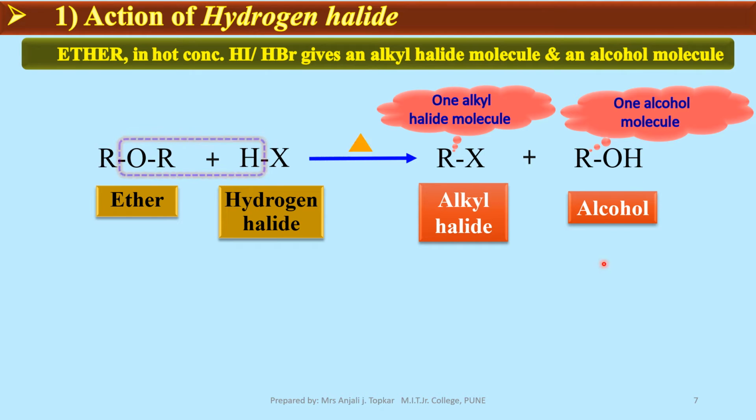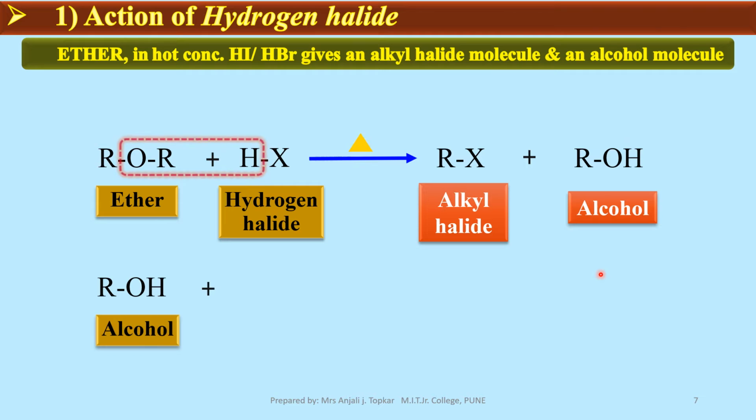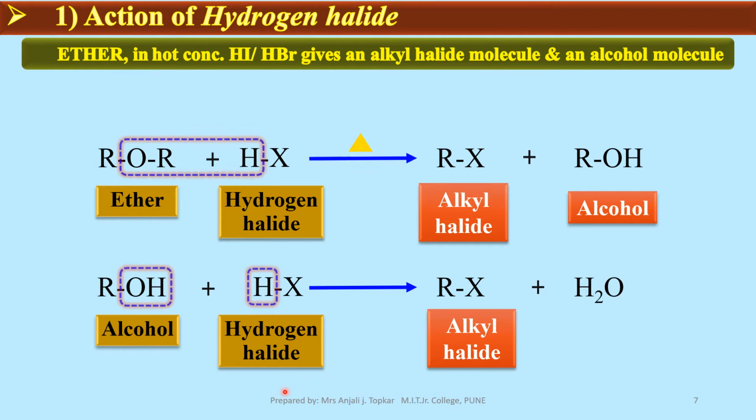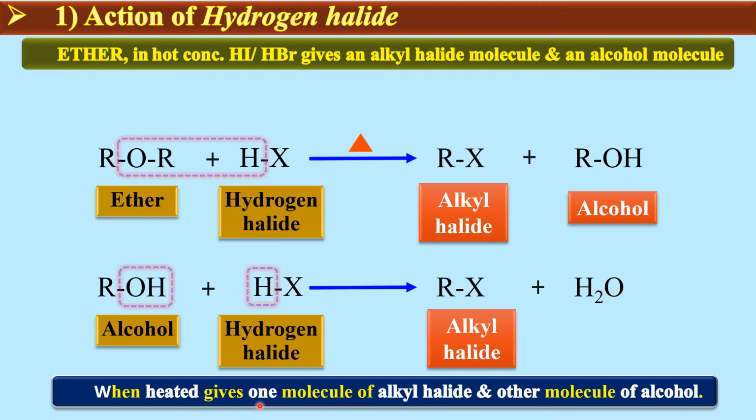Here alcohol reacts with hydrogen halide to give alkyl halide and water is removed. The order of reactivity of hydrogen halides can be seen in such a way that HI is more reactive than HBr and HBr is more reactive than HCl.